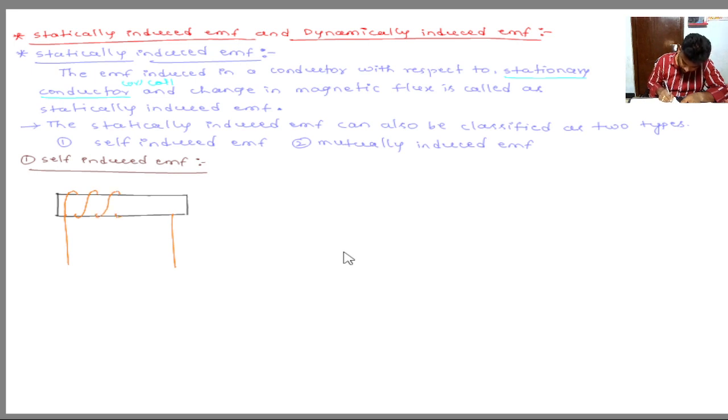This winding is wound around the iron core, and this coil is connected to the supply through some rheostat.